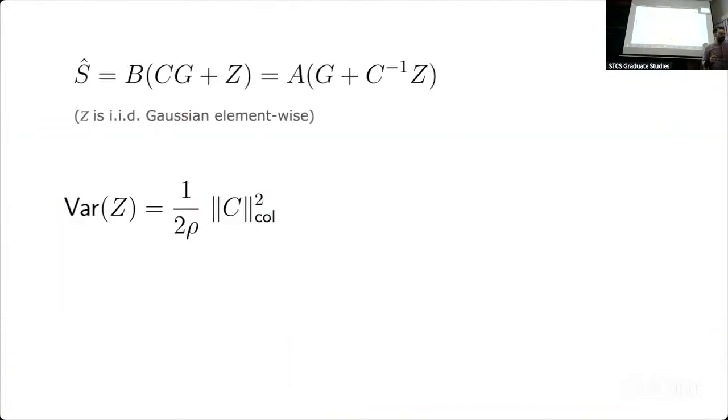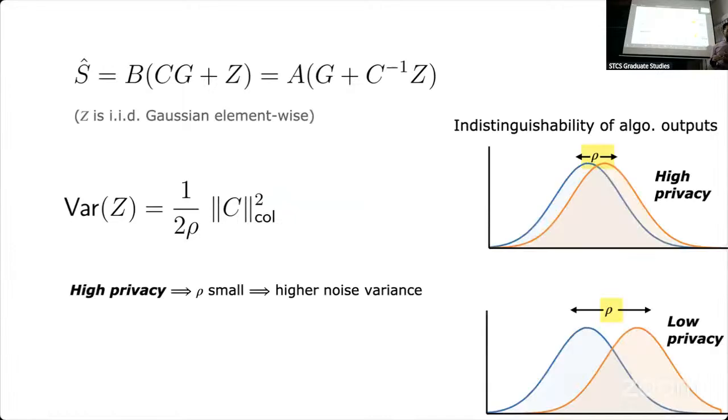So let's make a couple of observations about this variance expression. I mentioned that Z is N(0, I) times the square root of the variance, element-wise. Yes, exactly. So we talked about this privacy parameter rho as being a gap.